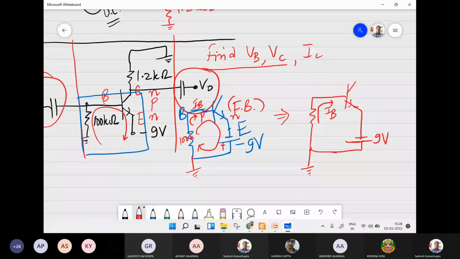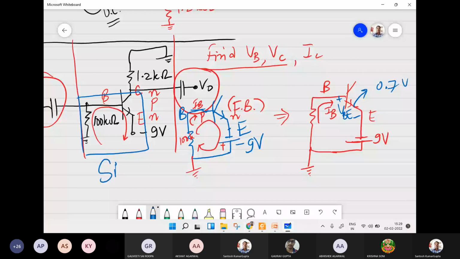The base emitter junction is over here. Let us again say that between base and emitter, a VBE voltage is going to drop when it is forward biased. So VBE for this case here is say 0.7 volt.